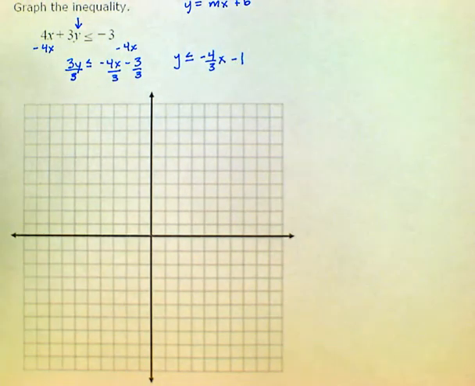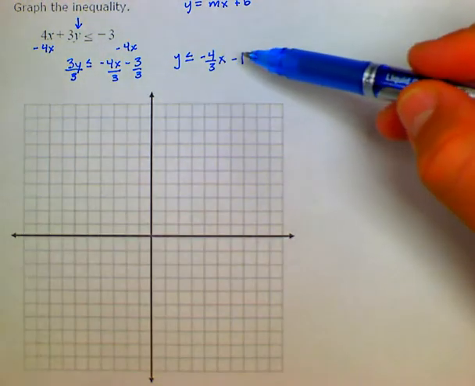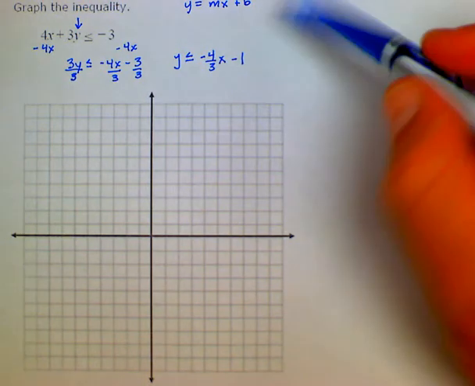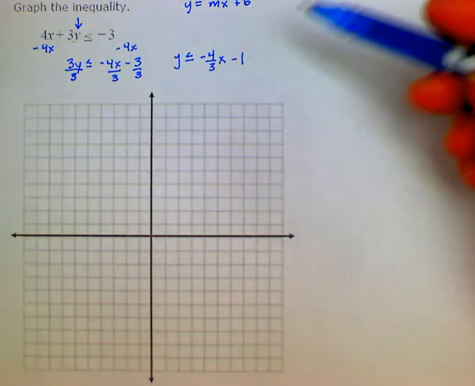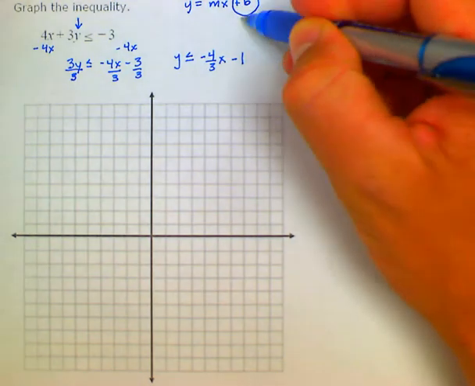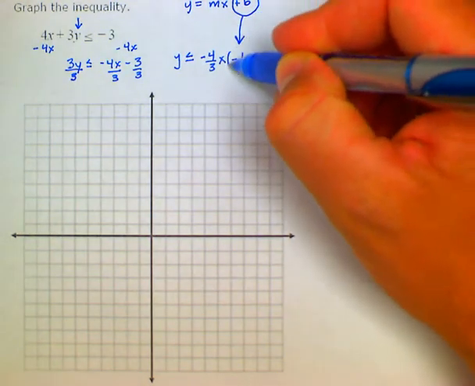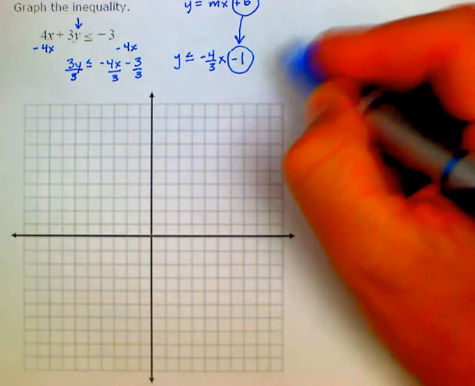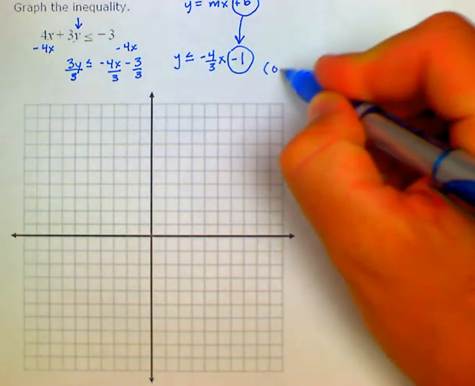So now this inequality is in slope-intercept form, and it'll be easier to graph this way because we can start with our y-intercept, which is our negative 1, which is the coordinate (0, negative 1).